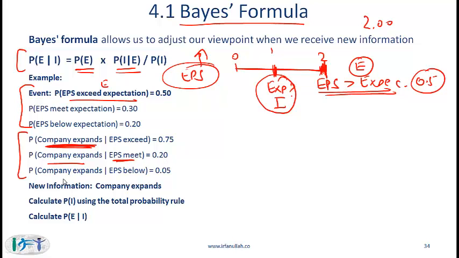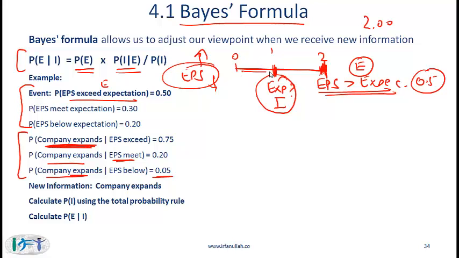And the probability that the company expands given that EPS are below expectations is 0.05. It should be fairly logical that this number is small, because clearly if the EPS is low or weak, then the probability that the company will be expanding is low. So these are your conditional probabilities.